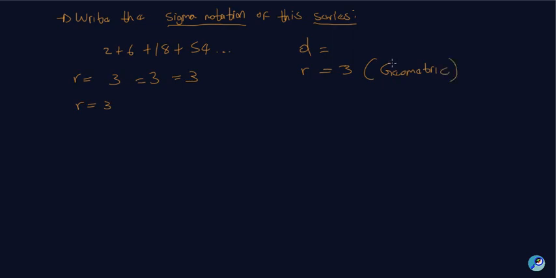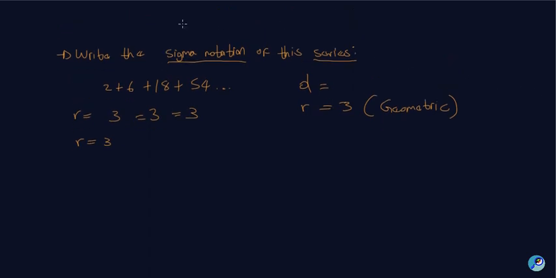So if we want to write it in sigma notation, what we need is to find a general term, which is like a formula. We want to write it in sigma notation, but we need the general term. Since it is geometric, the general term is in the form a r to the n minus 1.